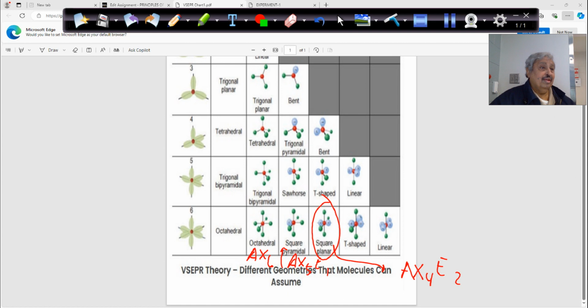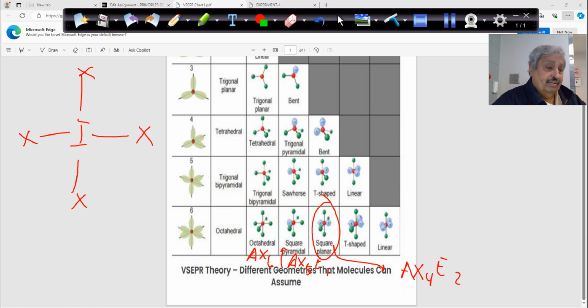Why is it so? When we did the Lewis dot structure, the Lewis dot structure is really the core of the VSEPR topic. So it came like this: here's your X, the chlorine, here X, here X, here X, and then you have 2 sets of lone pair from the charge, so the negative here.